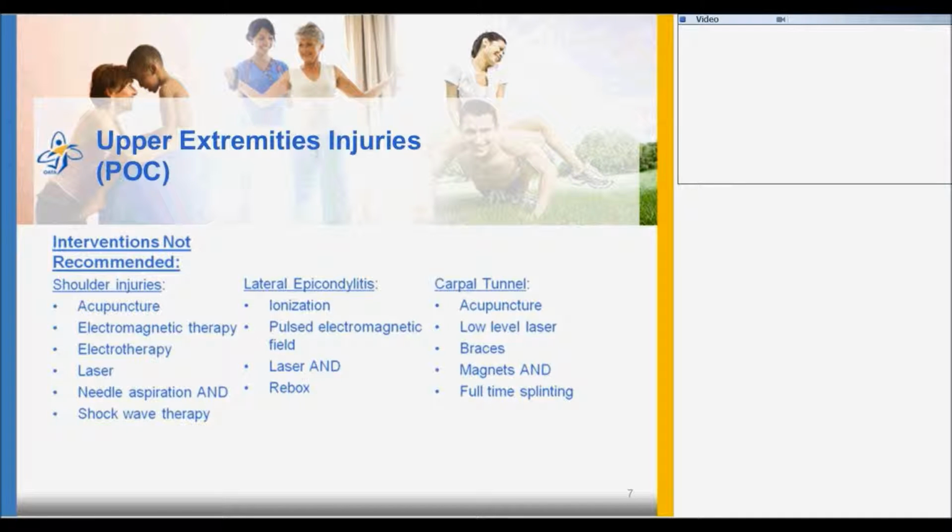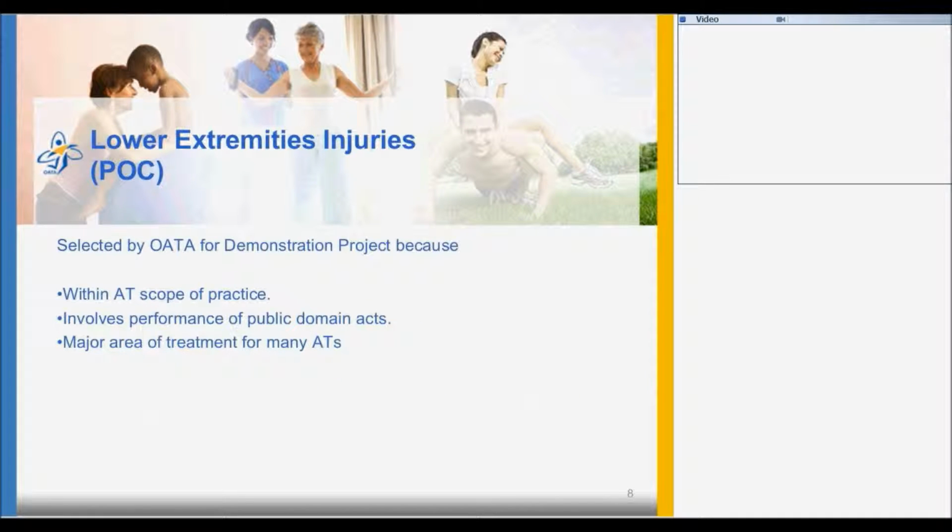Now we are going to move on to the lower extremity programs of care. Some of the information will be repeated from our presentation of the upper extremity POC, but some aspects are specific to the lower extremity, so I think it's important to review. As with the upper extremity POC, the lower extremity POC was chosen for the demonstration project because it is well within the scope of practice for ATs and it includes the performance of public domain acts.